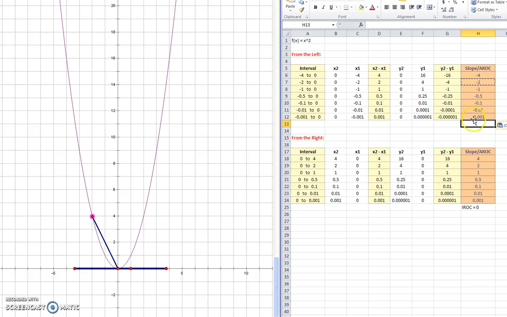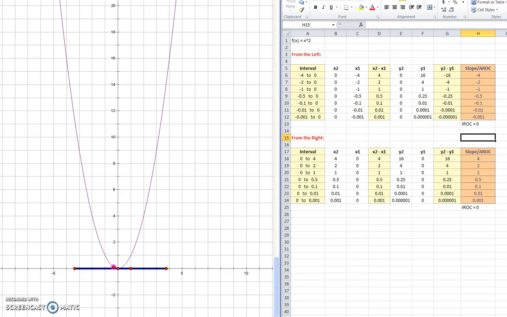All of these guys, when I'm approaching from the left-hand side closer and closer to 0 to get really close to that tangent line, I'm getting closer to -0, which is just 0 because 0 can't be a negative number. So your IROC on this side, holy cow, why do I keep spelling that wrong? IROC is 0.